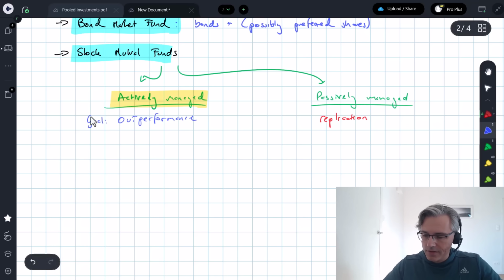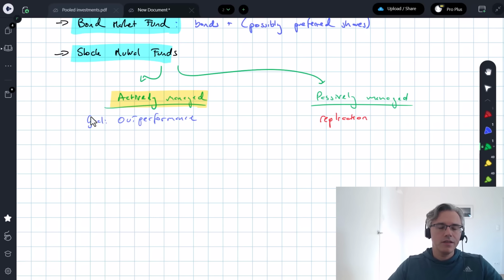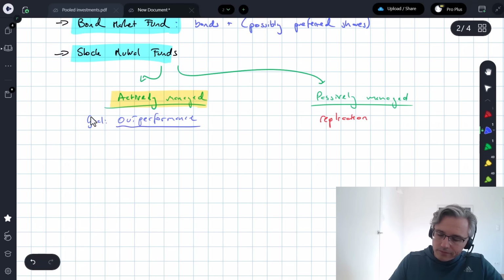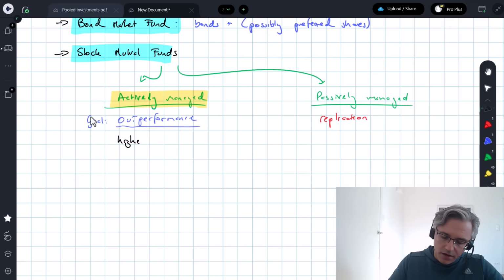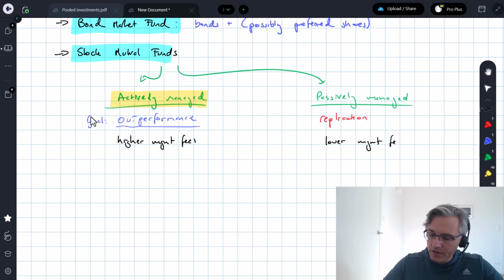Like the FTSE 100, the DAX in Germany, or the S&P 500 in the United States. Given the more ambitious goal over here, you're going to have higher management fees in the case of actively managed funds, and definitely lower management fees over here on the passive management side.